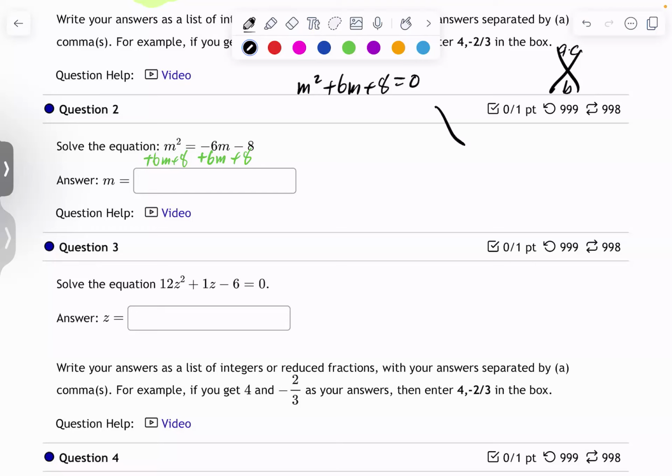So if I use what's called a diamond problem, 1 times 8 goes up top, and down below is 6. Now I need two numbers that when I multiply them, I get 8, and when I add, I get 6. That's going to be 2 and 4.